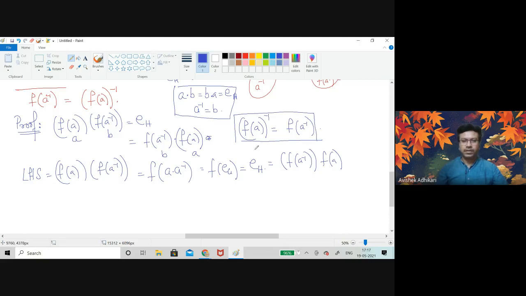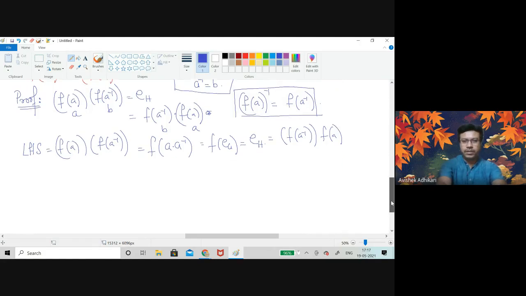Okay, clear? The next one we are going to prove is that the image of F is a subgroup of H. What does it mean? It means all such h belonging to H such that there exists some g belonging to G such that F(g) equals h.